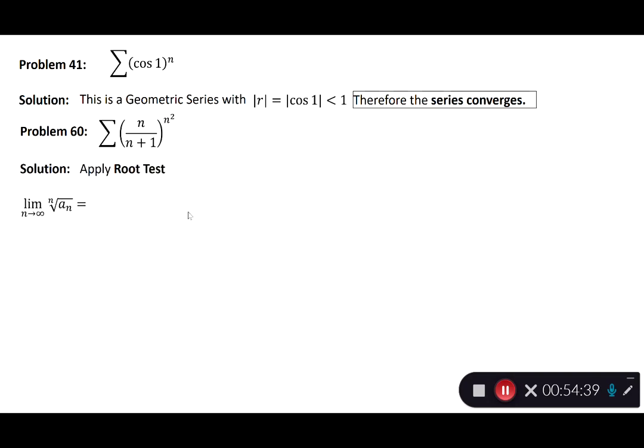What does the root test say? We need to look at the limit as n approaches infinity of the nth root of a sub n, the nth root of this quantity. What in the world is the nth root of this, man?